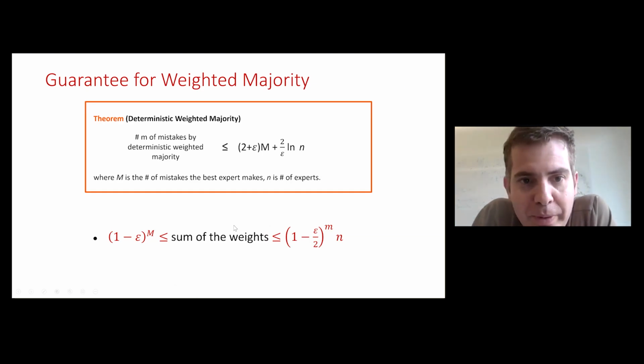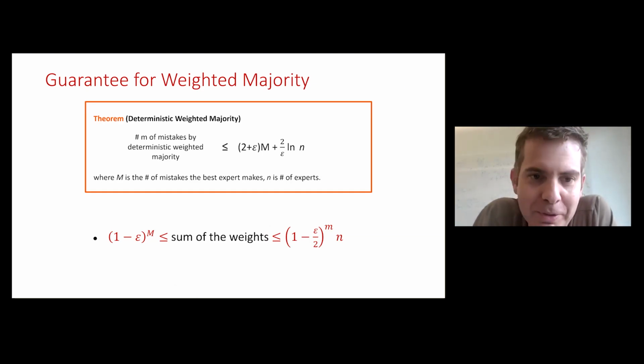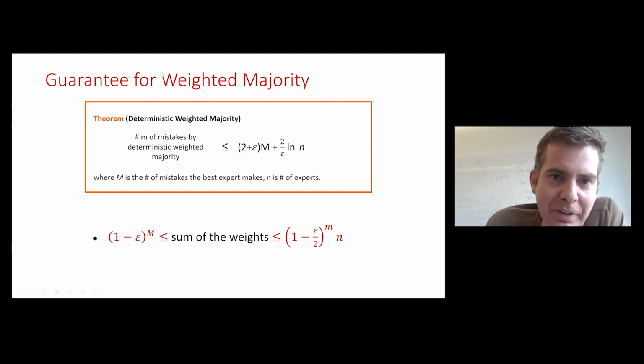The guarantee for weighted majority, so this is deterministic weighted majority, is that if you look inside this box, the number little m of mistakes made by the deterministic weighted majority algorithm is at most 2 plus epsilon, quantity, times the number capital M of mistakes the best expert makes, plus 2 divided by epsilon times log of the number n of experts.